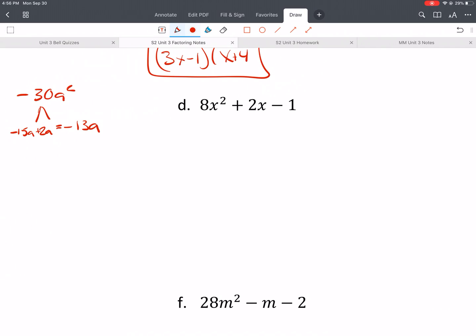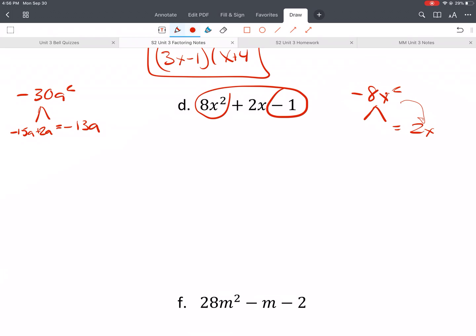All right, same thing. Negative 8x squared, and 2x. So two numbers that multiply to give us negative 8 and add to give us 2. Since it's negative, that's going to be a difference between the numbers, so probably 4 and 2.